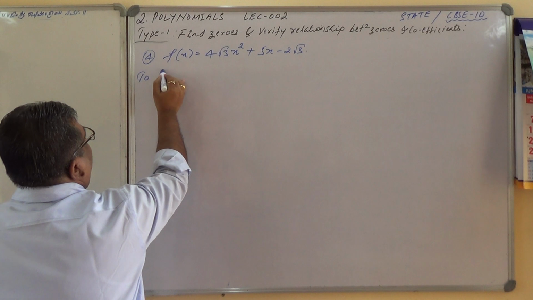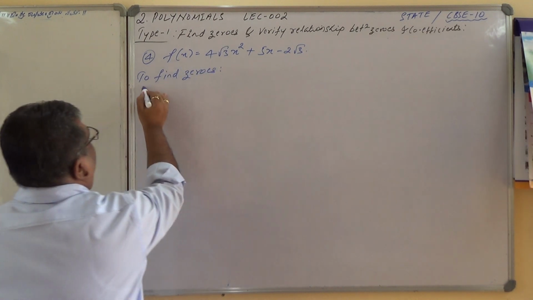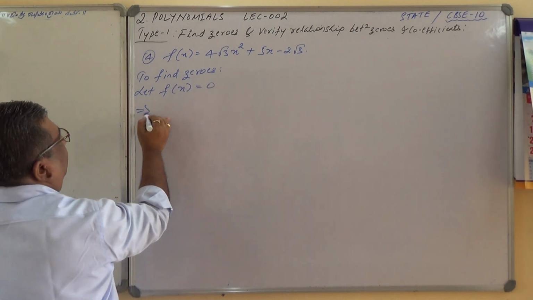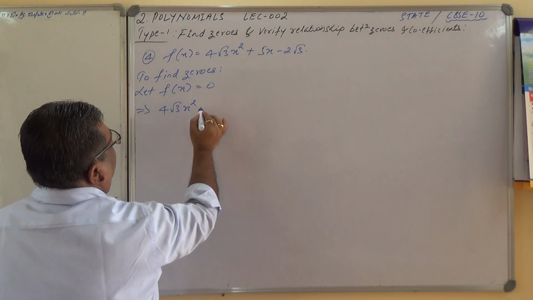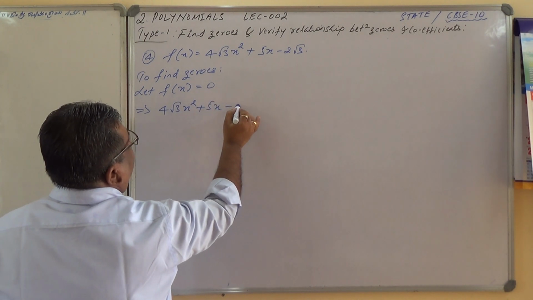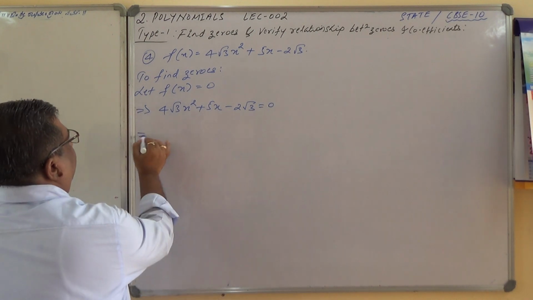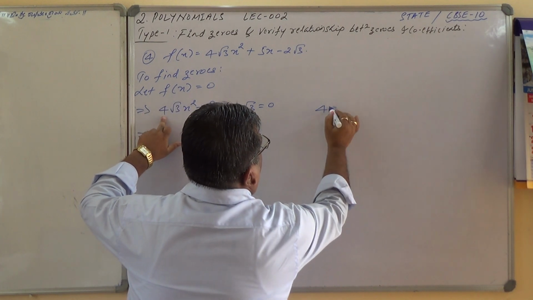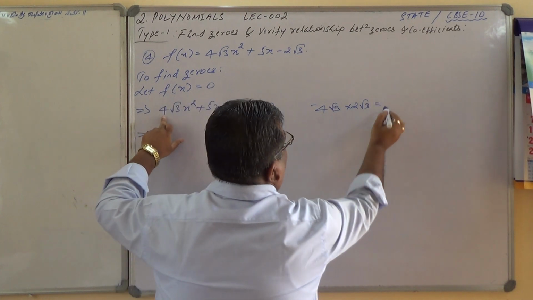So to find zeros, let f of x equals 0 implies 4 root 3 x square plus 5x minus 2 root 3 equals 0. I require two numbers here, 4 root 3 into 2 root 3, but minus here.